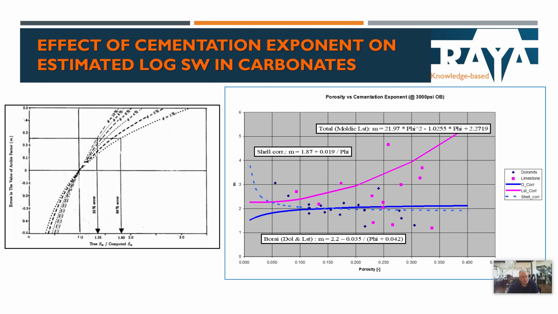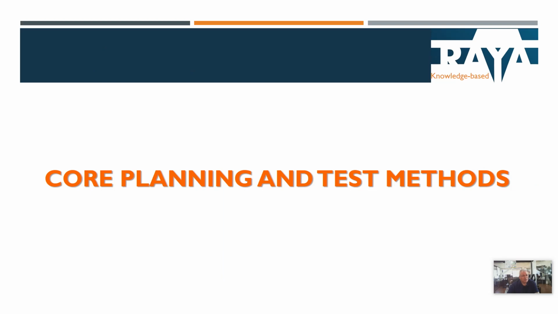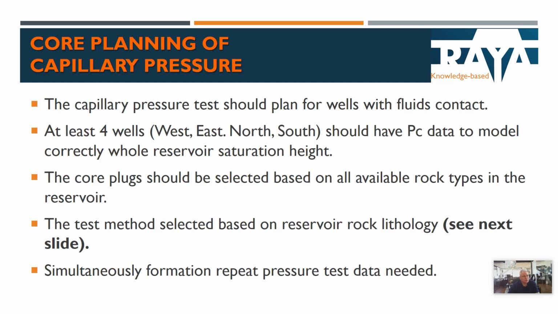If we don't use this method in the log water saturation estimations, we will have big error in our Sw values. For core planning and test methods, we have to keep in mind some issues.